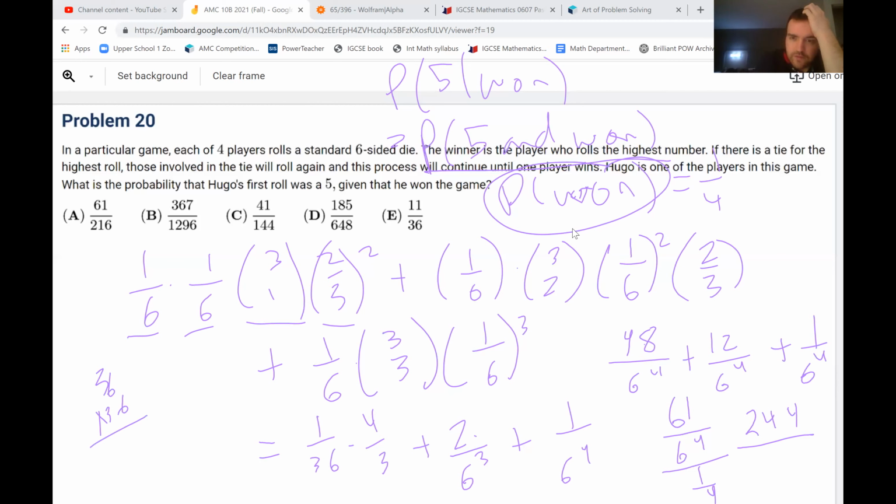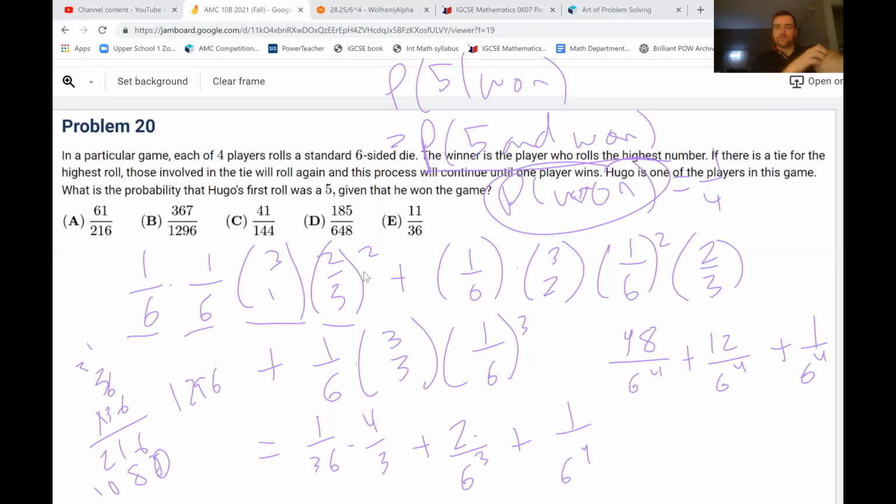So that's 1296. Sorry, I saw where my mistake was.